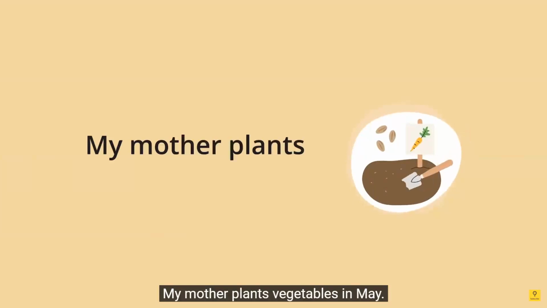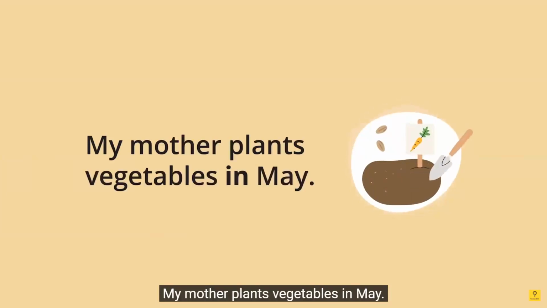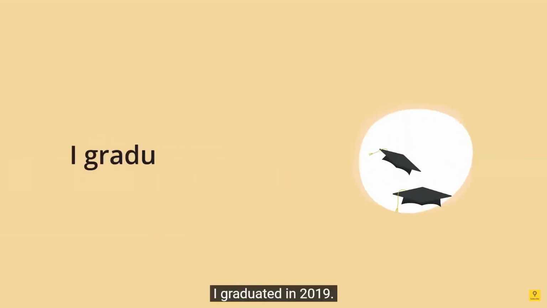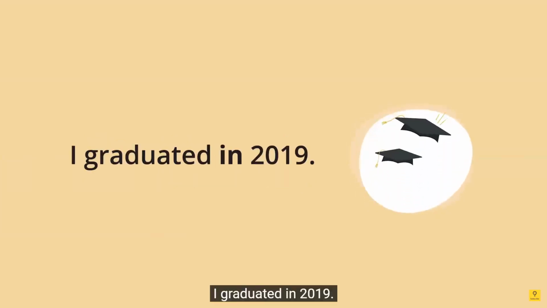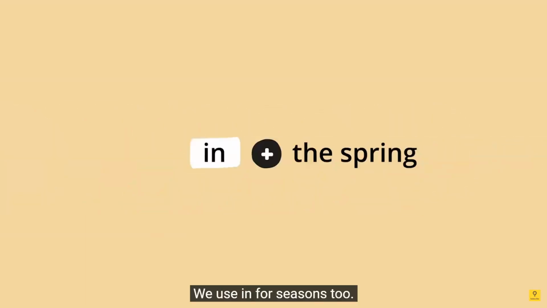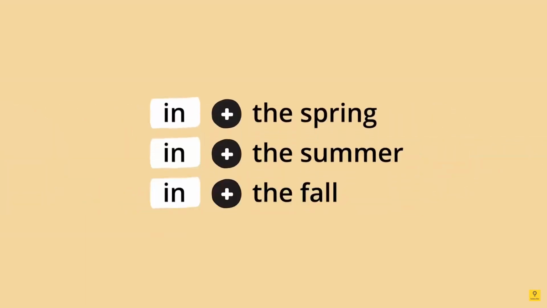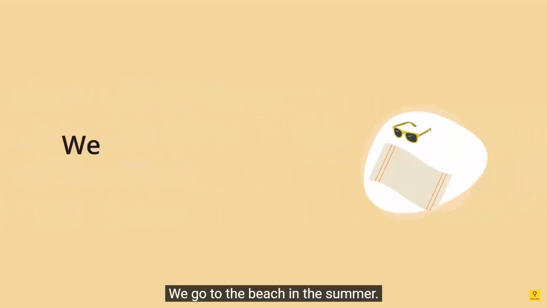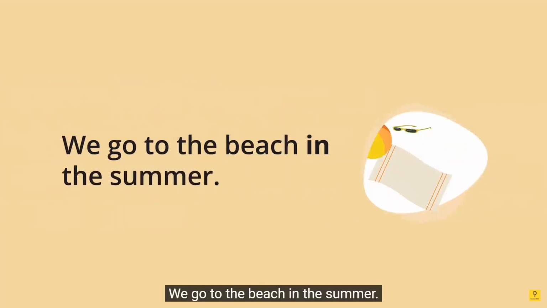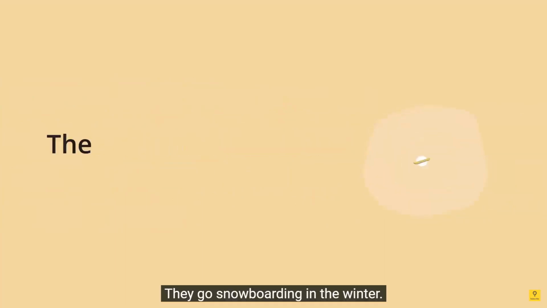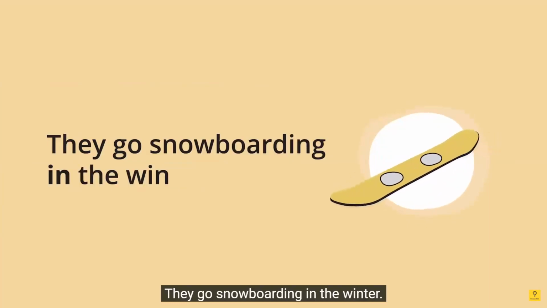My mother plants vegetables in May. I graduated in 2019. We use in for seasons too. We go to the beach in the summer. They go snowboarding in the winter.